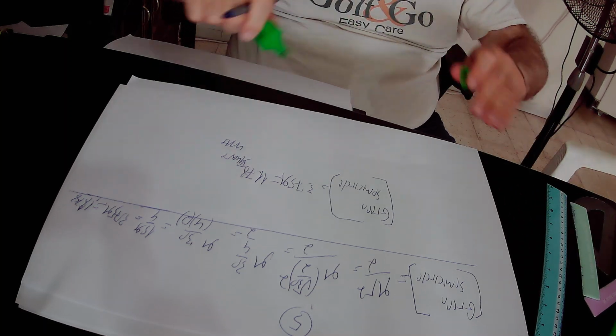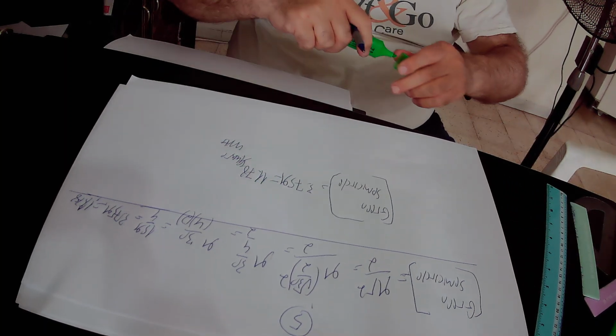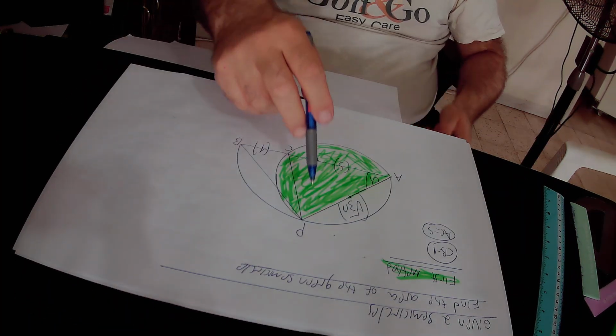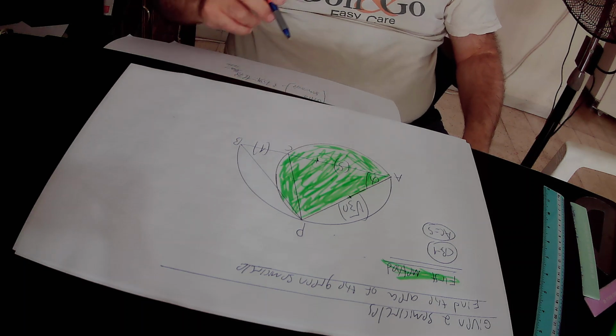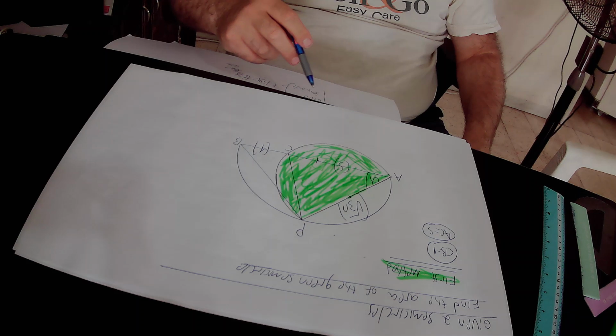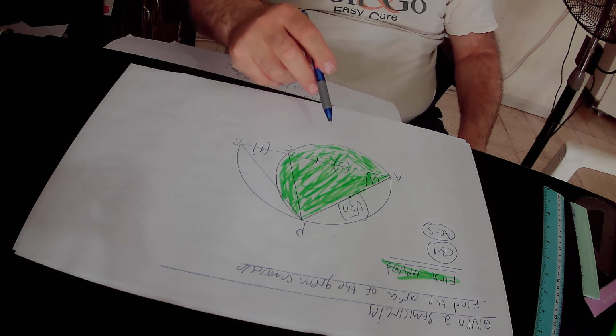Repeat again. We found that the area of this green semicircle equals either 3.75 pi square units, or in terms of numbers, 11.78 square units.